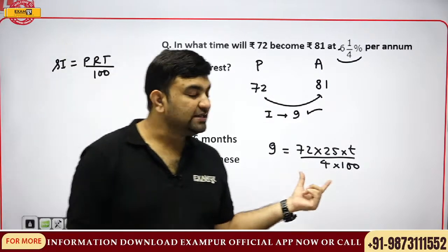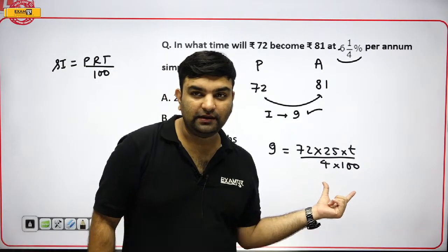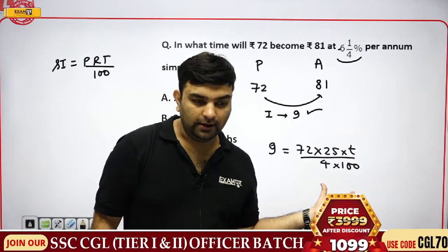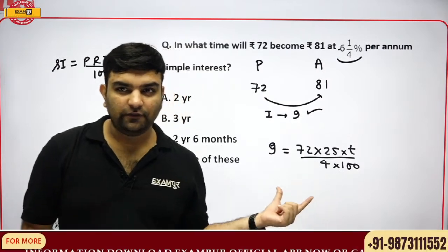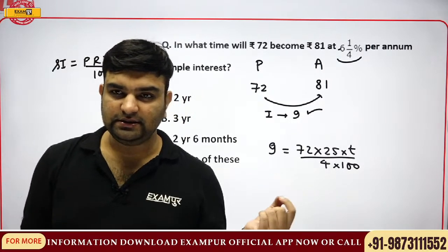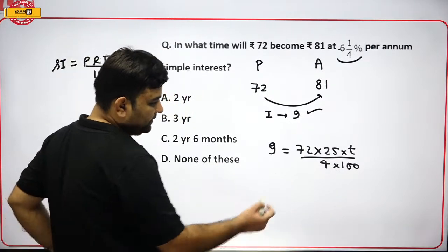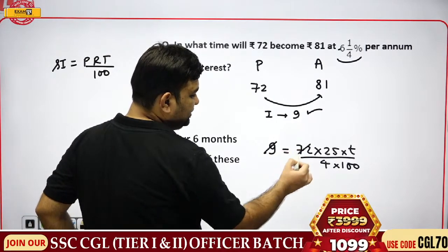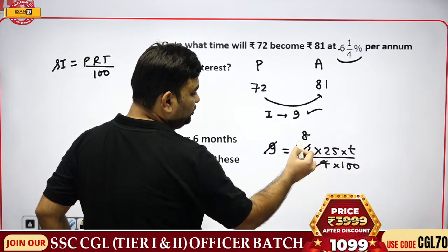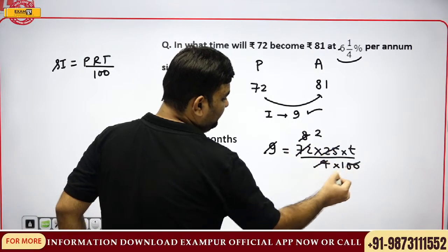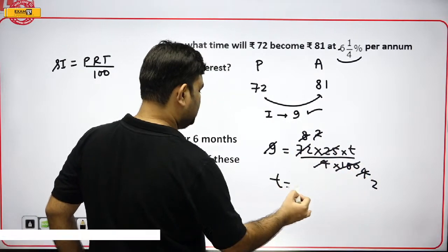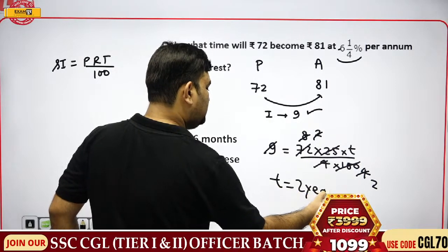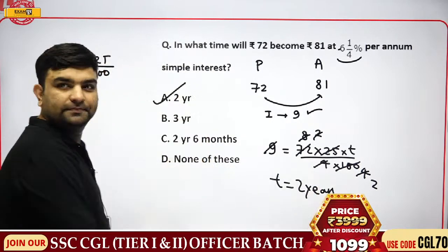Whatever the value of time we will get, it is in years. In this formula, time is always in years. 9 8 ja, 4 2 ja, 25 4 ja, 2 2 ja. So time is 2 years. Answer.